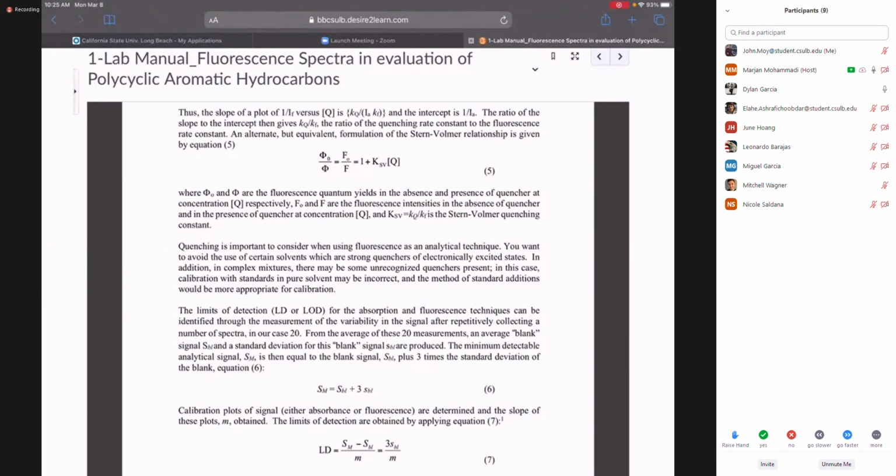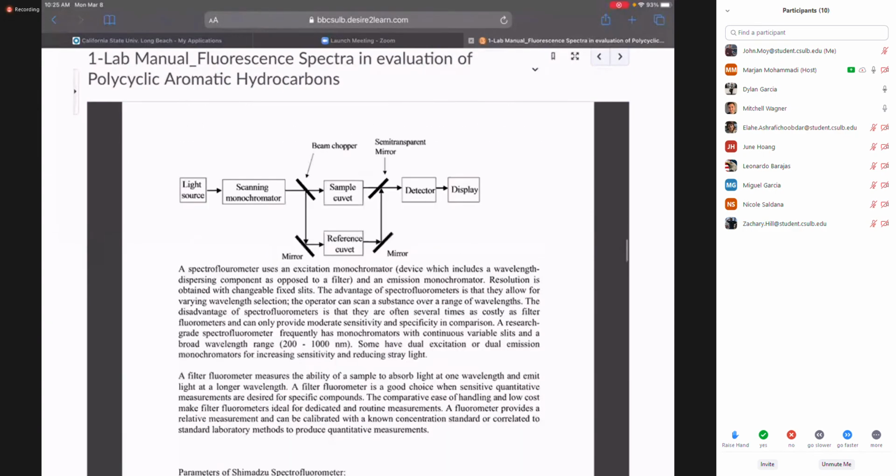Fluorescence, all concentrations, all PAHs. Excitation for 1 ppm, all PAHs. Quencher, just anthracene. Was that clear? Can you just go down to the bottom where it says lab report hints?